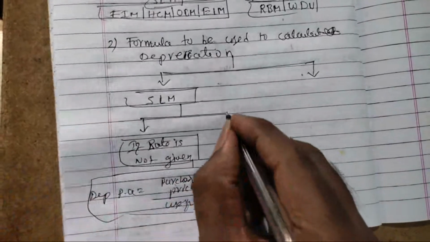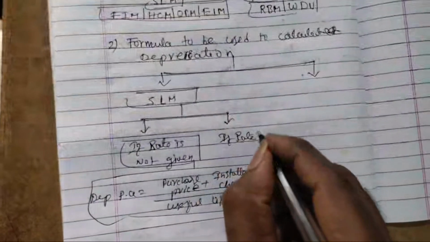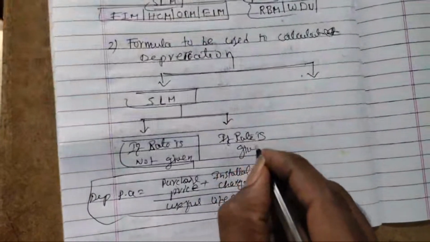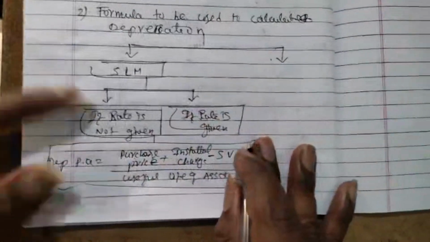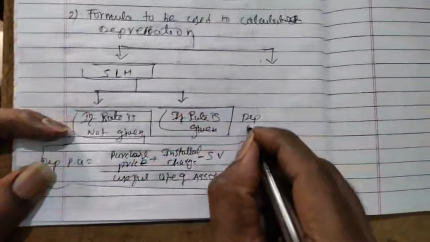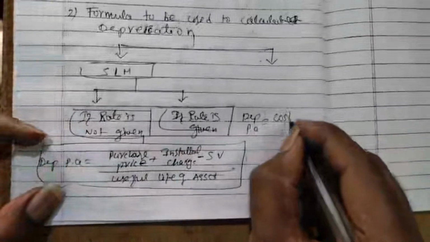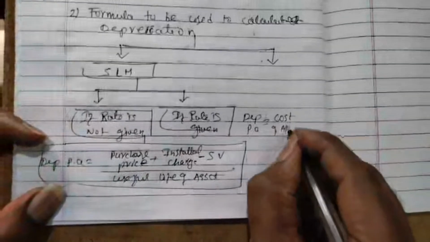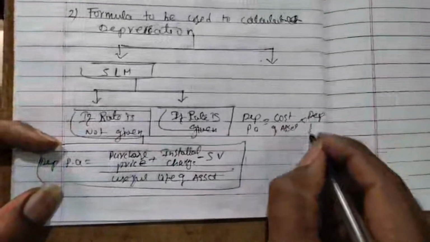If rate is given, what you need to do? Well, if rate is given, the formula will be depreciation per annum equals cost of asset into depreciation rate.